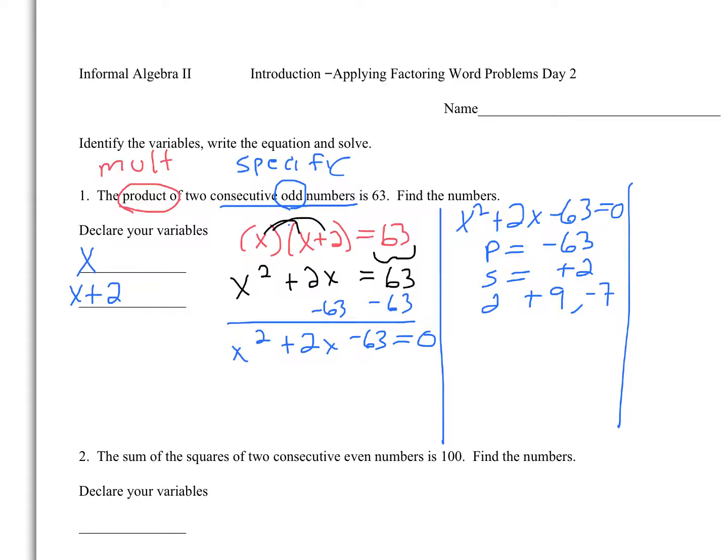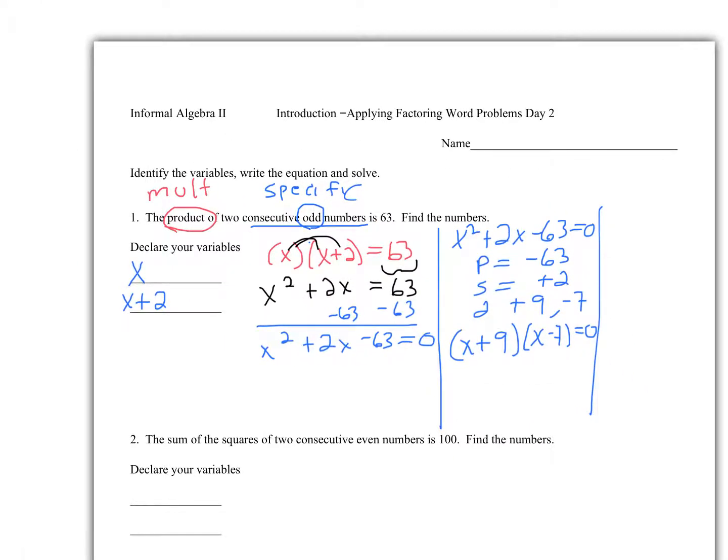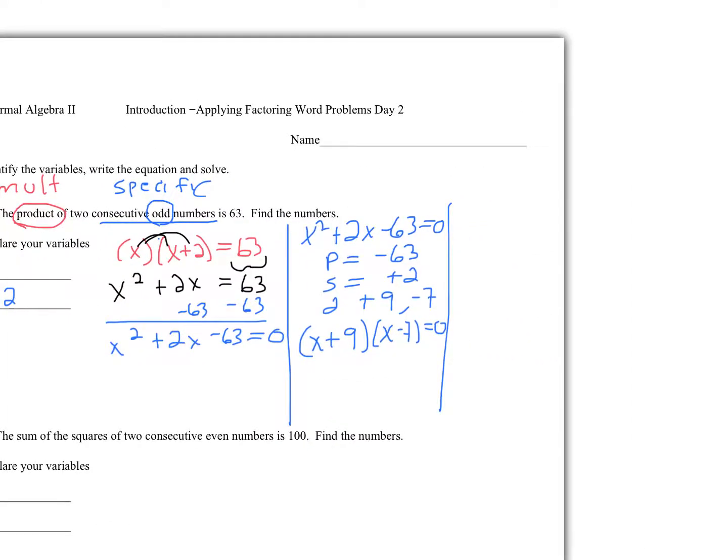Alright, so let's put this in parentheses. X plus 9, x minus 7 is equal to 0. Alright, so that's this thing factored. And now let's set it up to solve.